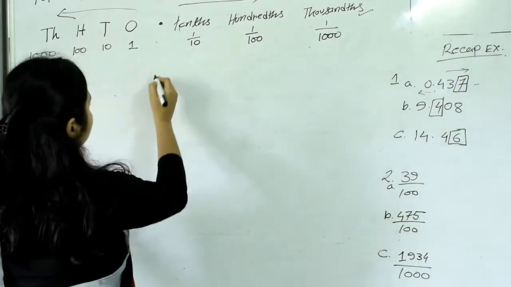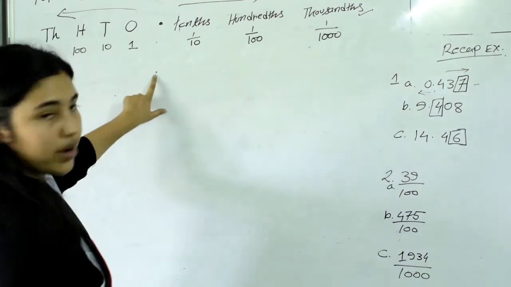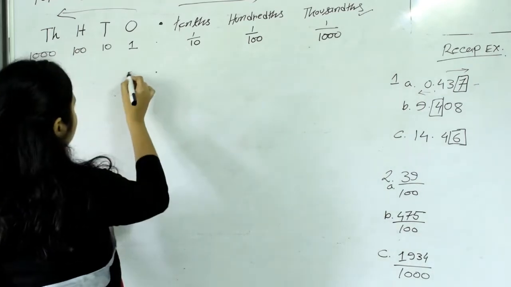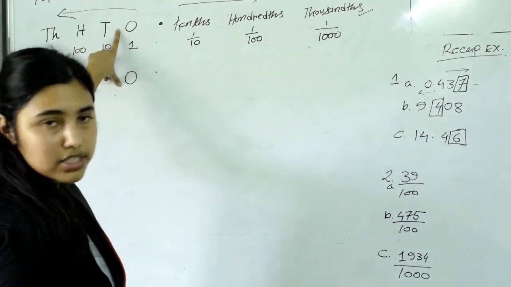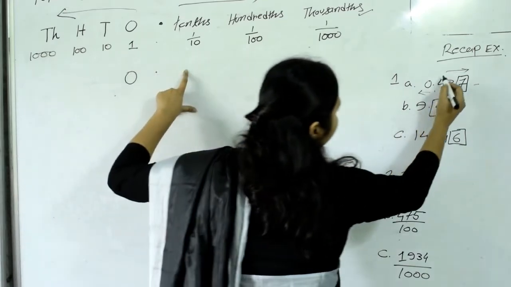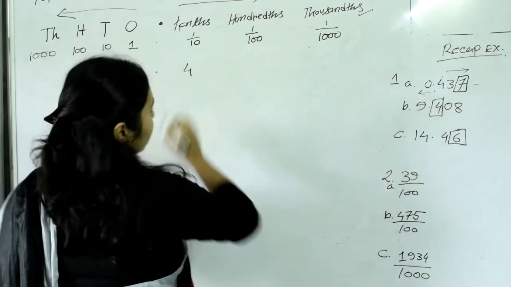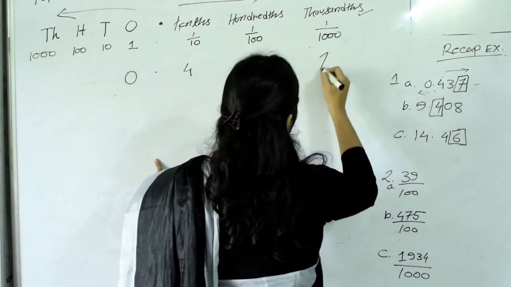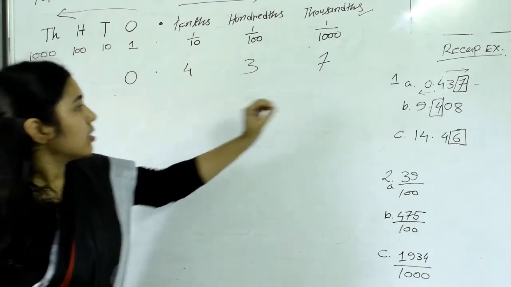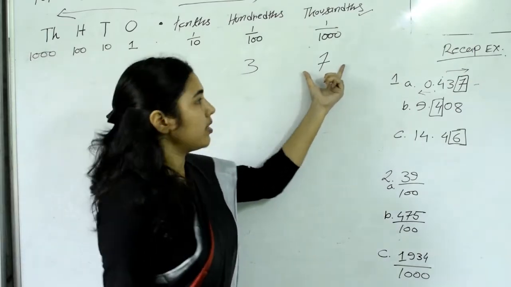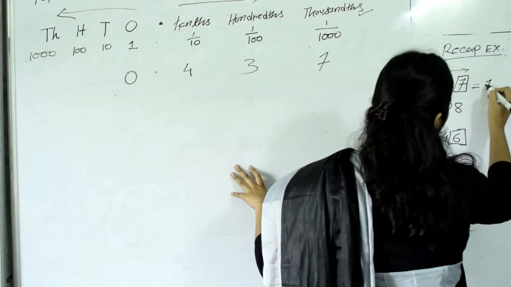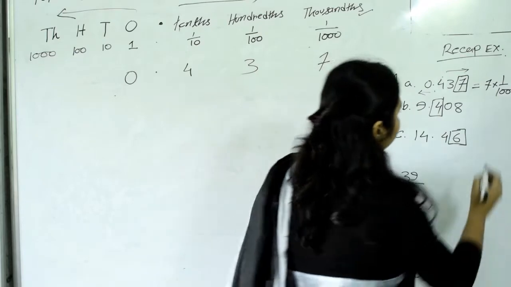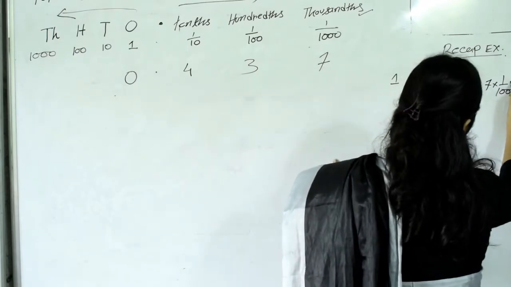So first, place the point here. Here we have 0 ones, so put 0 in the ones place, and here 4 tens, 3 hundreds, 7 thousands, which means the place value of 7 is 7 into 1/1000.